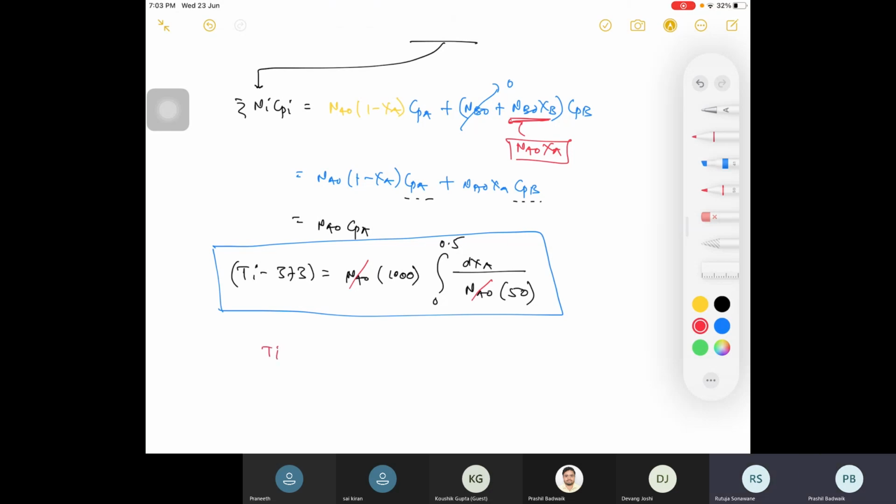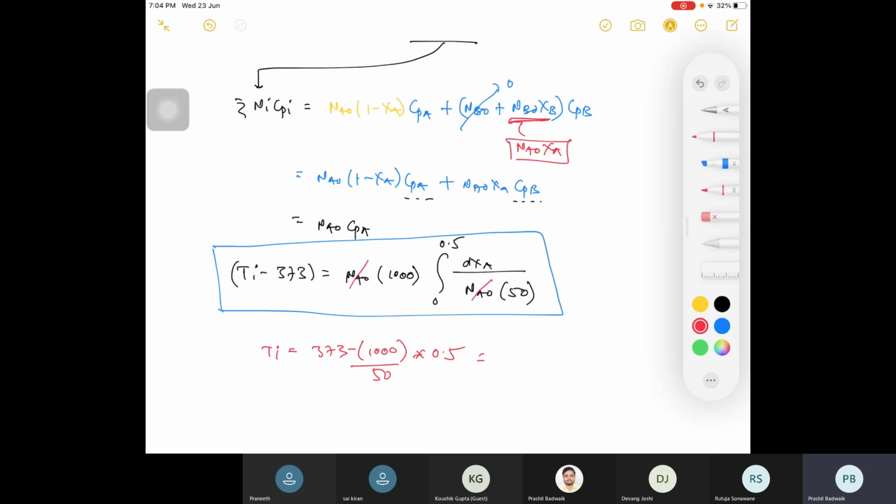Ti is equal to 383. 383, right? Okay, 383. Yes, sir. Any mistake? We'll solve. Ti is equal to 373 plus this is your 1000 divided by it is your 50 only, and this is your 0.5.